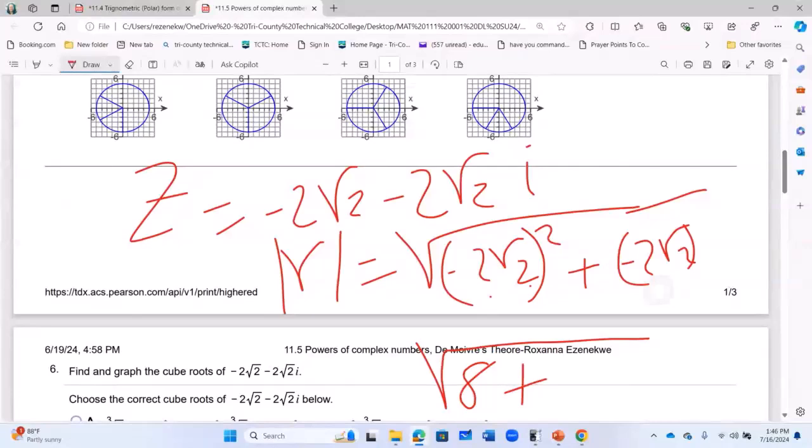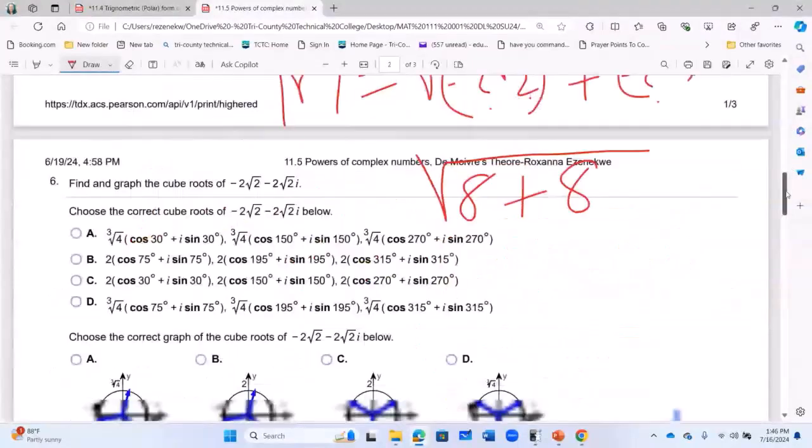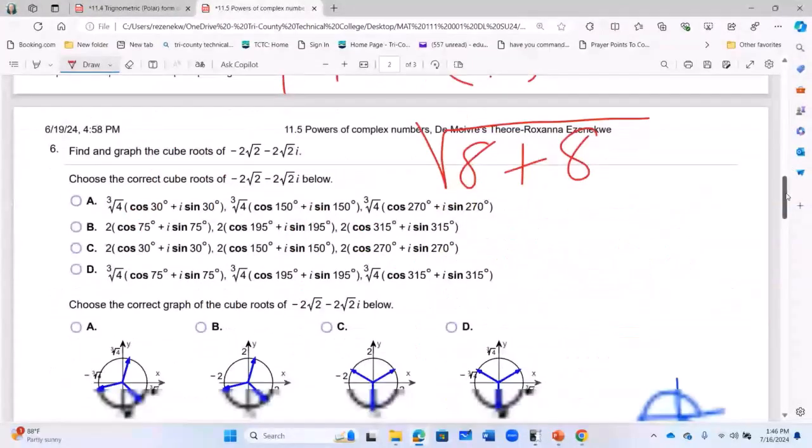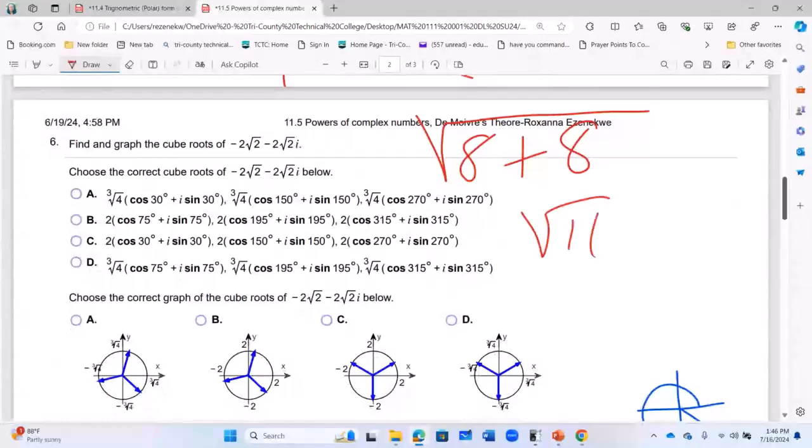Again, 8 plus 8 is 16. Square root of 16 is 4. Therefore, R is equal to 4. I found the value of R.